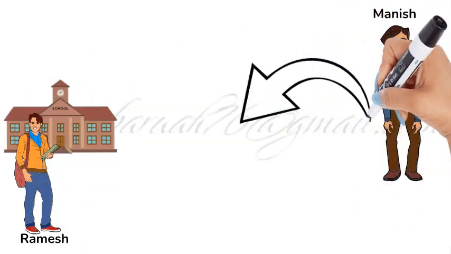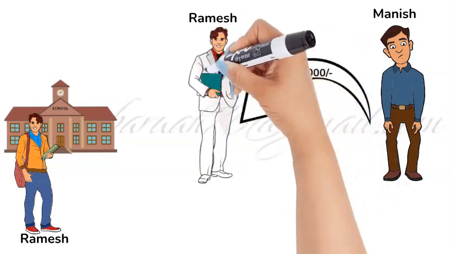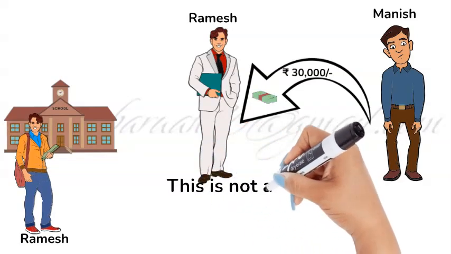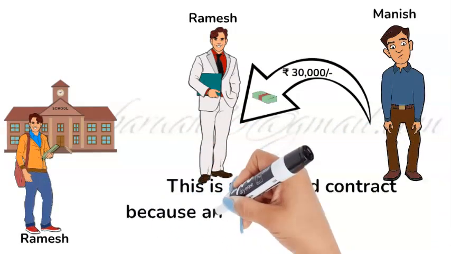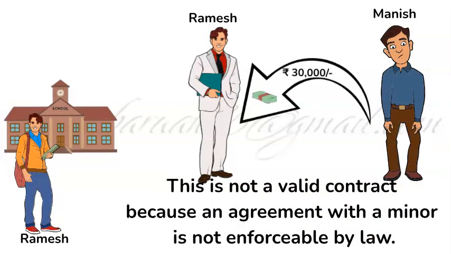Let me give you an example. Ramesh was a minor. He borrowed rupees 30,000 from Manish by fraudulently representing himself as a major. This is not a valid contract because an agreement with a minor is not enforceable by law.